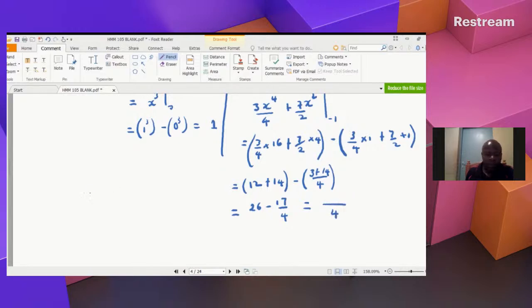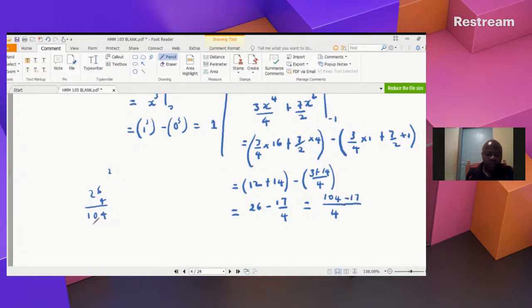And what is 26 times 4? This will be 4 carry 2. Then this will be 8. 8 plus 2, that will be 10. So that is 104 minus 17.